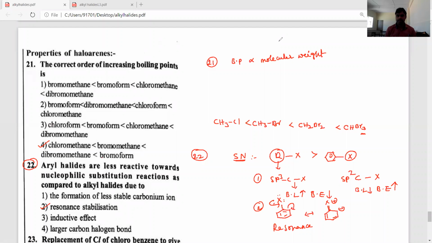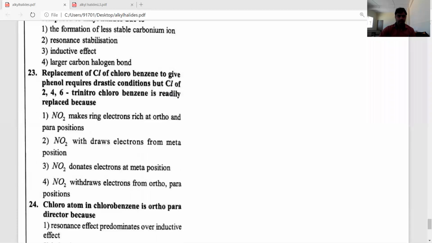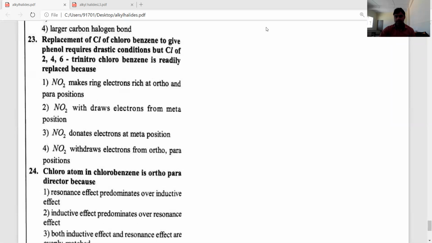Okay, let's go for the next question, the 23rd. It's very easy only. The replacement of chlorine of chlorobenzene gives phenol under drastic conditions.